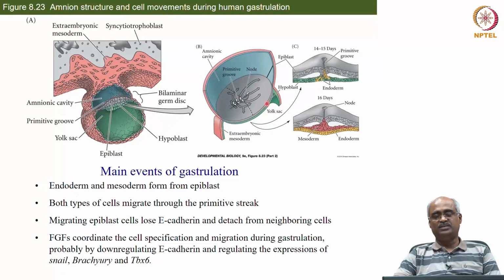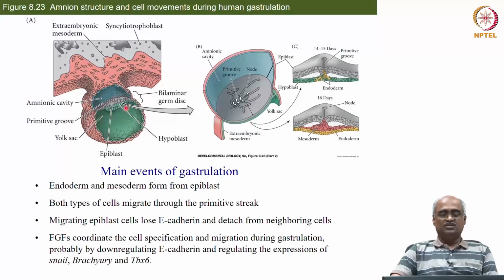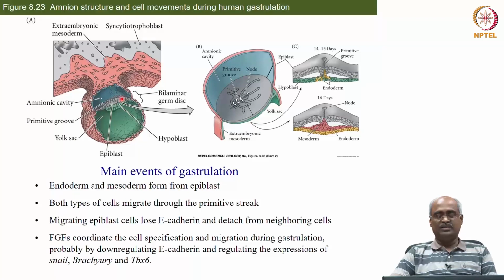So these two discs together are called the bilaminar germ disc, okay, from which everything comes, primarily actually from the epiblast. And so this is our starting point of gastrulation. Okay. So the gastrulation gets over by the 15th day in human after gestation.